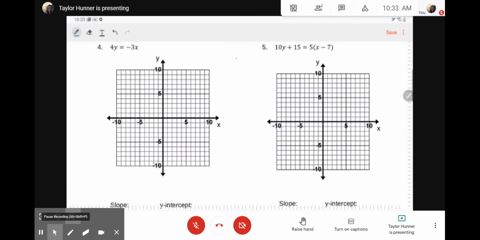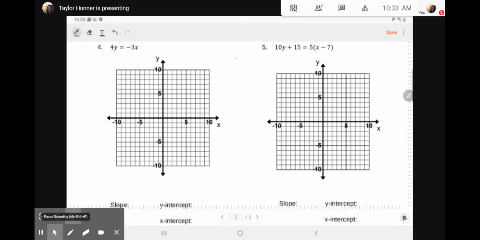Okay, next page. Right away in this equation, you should notice that if I were to simplify and get y by itself, thinking back to module 2, and I asked, is this proportional or non-proportional? You would know that this was proportional, which means it doesn't have an initial value.